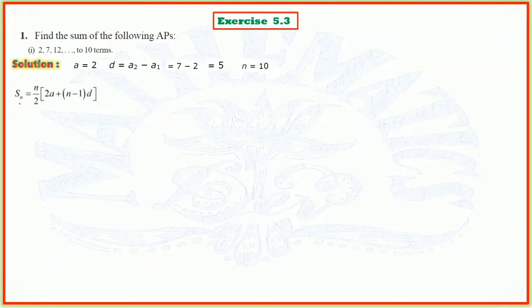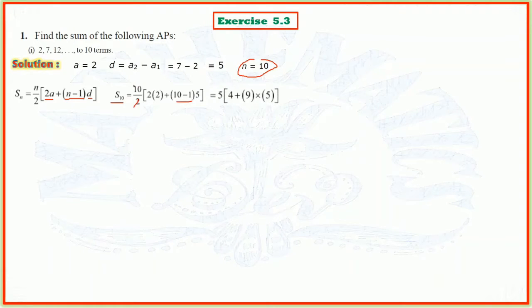We'll use the formula Sn is equal to n by 2 into 2a plus n minus 1 into d. Putting n equal to 10, S10 is equal to 10 by 2 into 2 times 2 plus 10 minus 1 into d.